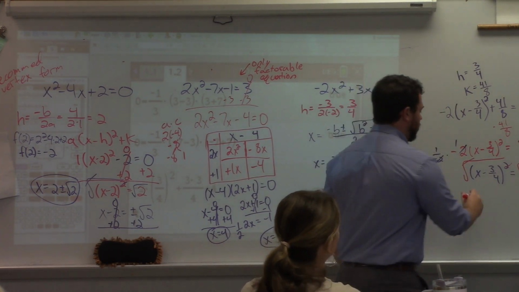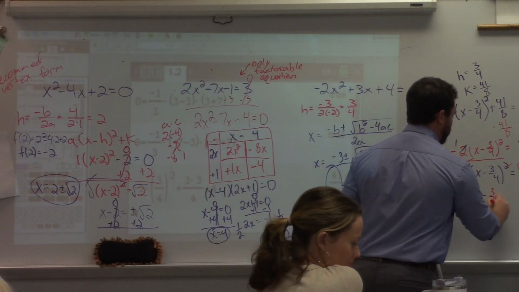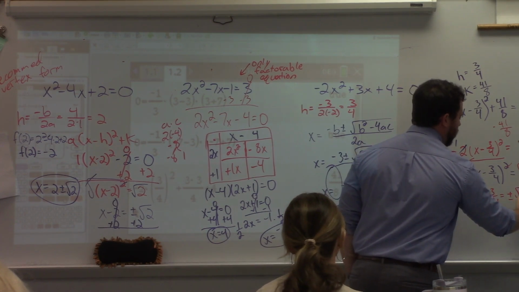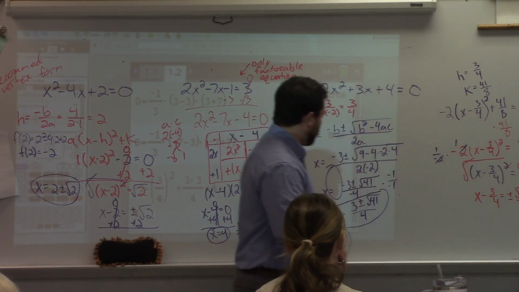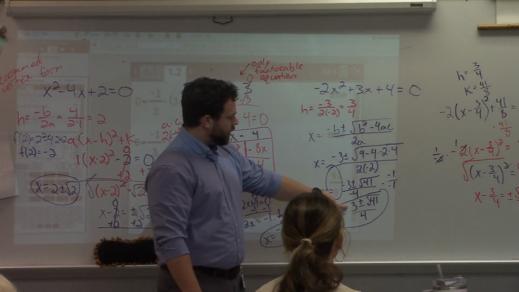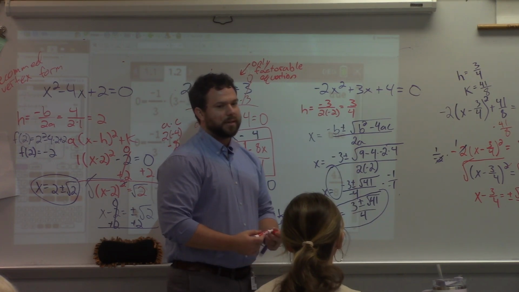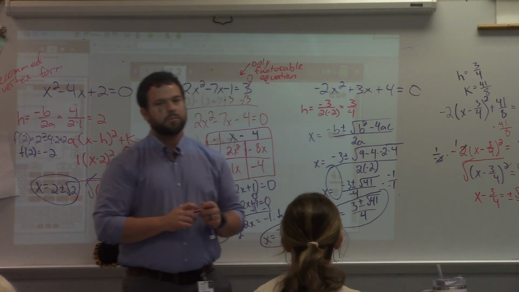Right? And what's the square root of 16? 4. So positive, negative, square root of 41 divided by 4. And so when I add 3/4 to both sides, what do I get? 3 plus or minus the square root of 41, all divided by 4. Same exact answer. Solution.